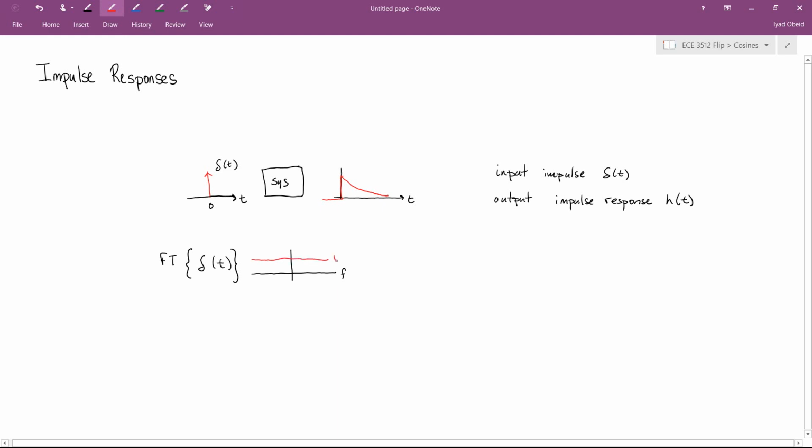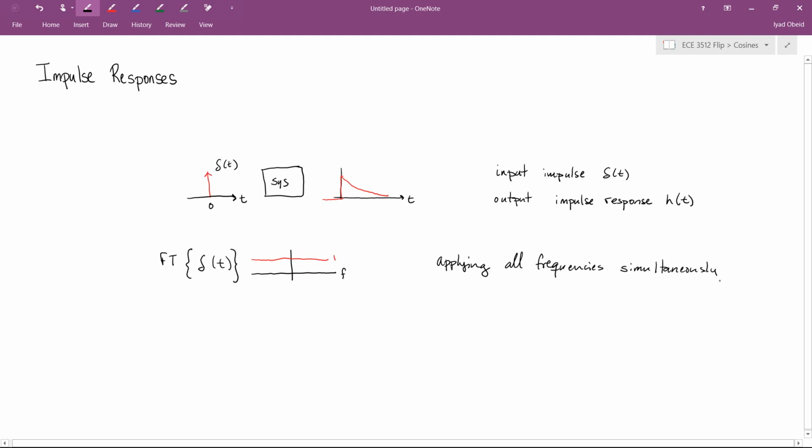So really, when I apply an impulse to a system, really what I'm doing is I am applying all frequencies at the same time. Right, all frequencies simultaneously. Right?